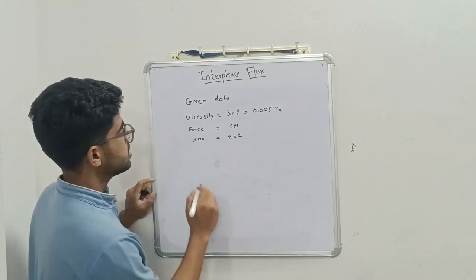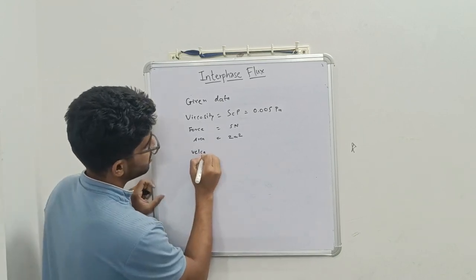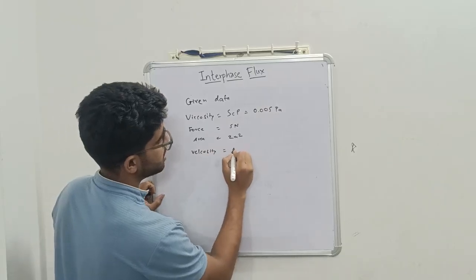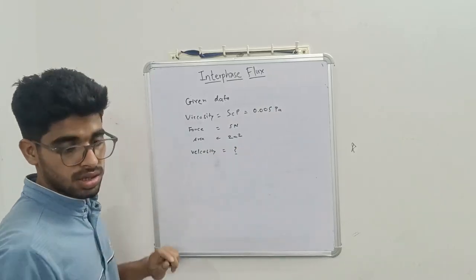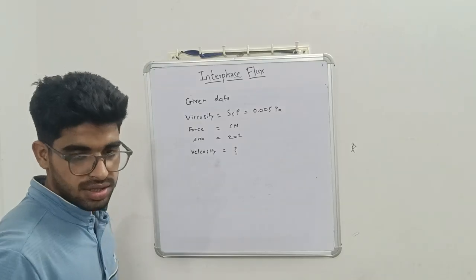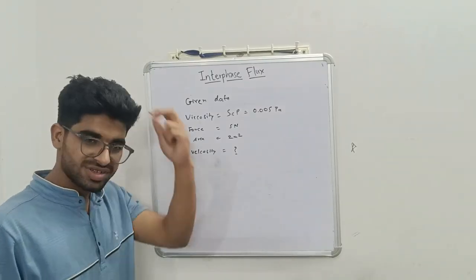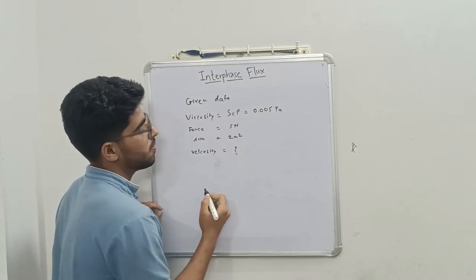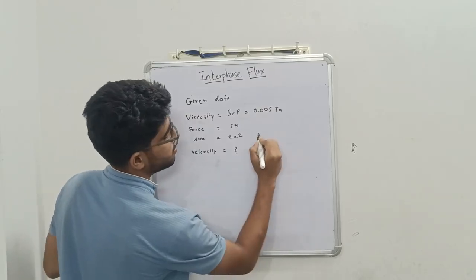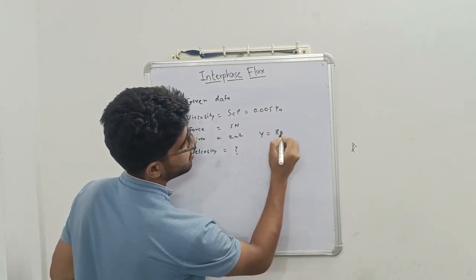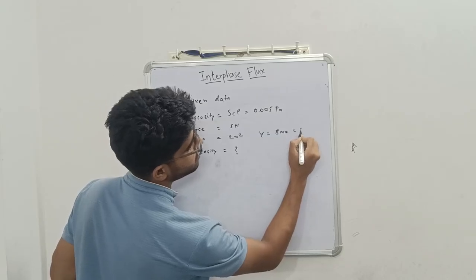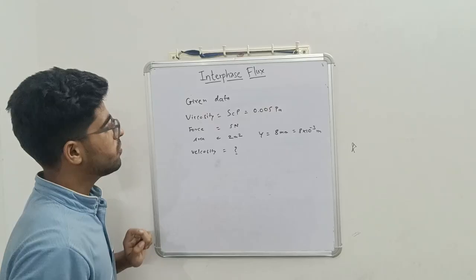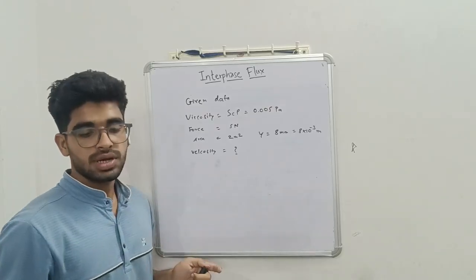Now we have to find the velocity applied on the upper plate, and the y is equal to 8 mm, which is equal to 8 into 10 to the power minus 3 meter. Okay, now we have to solve this question from the given data.